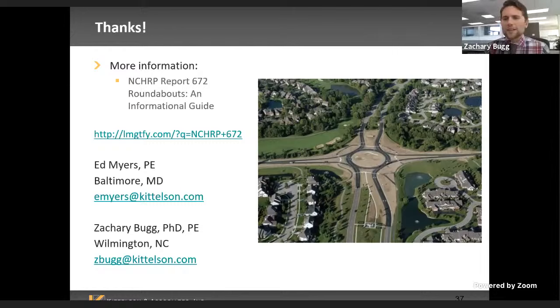Yeah, maybe I'll start and then give Ed a chance to weigh in as well. On the spacing differences, the roundabout tends to take up more space in the immediate vicinity of the intersection. But because signals often require turn lanes, the more traffic you have, the more conflicting movements, and you start adding lanes, right?